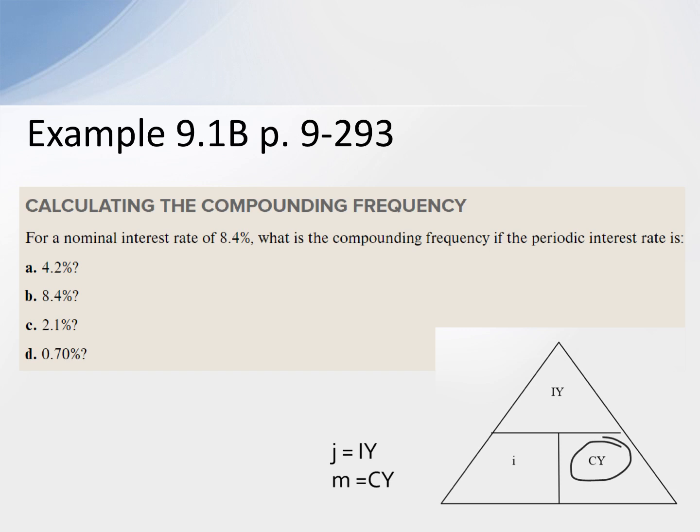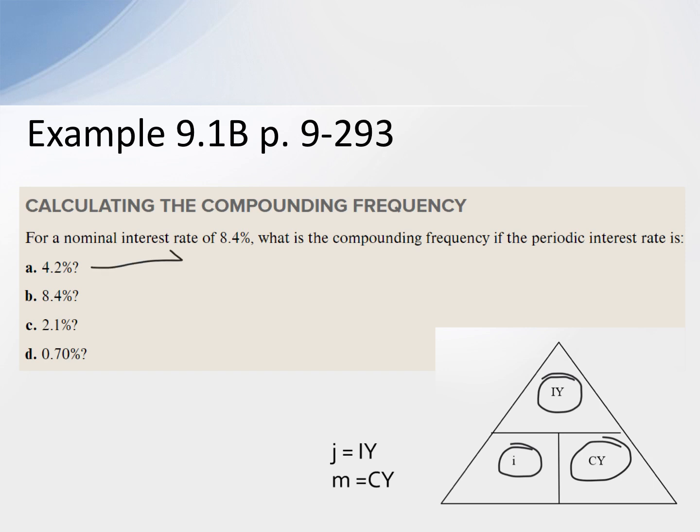If we use that little triangle, compounds per year are found by dividing IY, or interest per year, by the periodic interest rate, I. So it says for a nominal interest rate of 8.4%, what is the compounding frequency if the periodic interest is 4.2%? Okay, so we're going to be dividing IY by I.